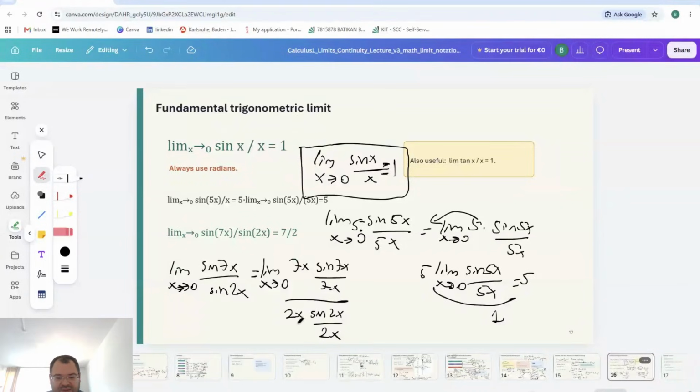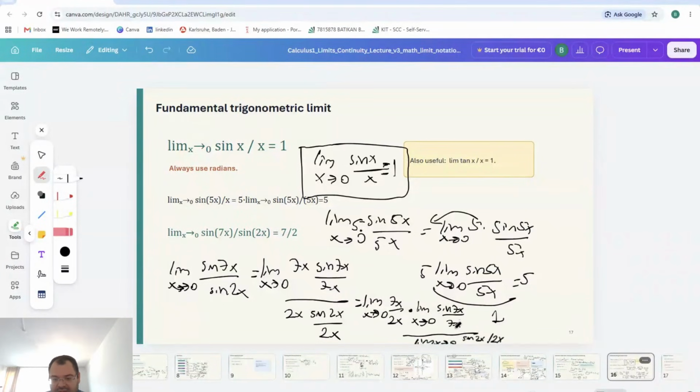So we have 7x and 2x here. According to the product rule in limit, we can write this as the limit as x goes to 0 of sine 7x divided by 7x times the limit as x goes to 0 of sine 2x divided by 2x, and according to the coefficient of the limit, we can rewrite it this way.